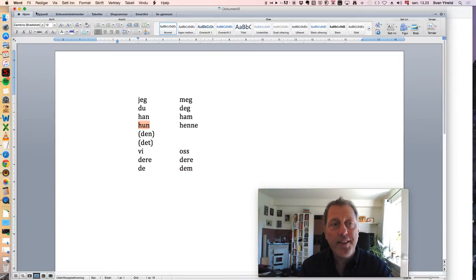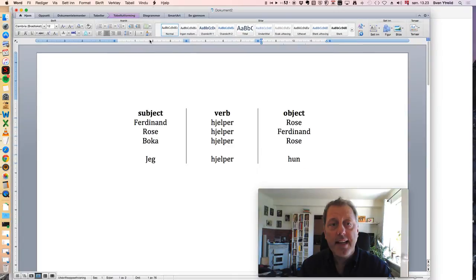And the problem with this is that the subject form cannot stand in the object's place because the sentence already has a subject. We have jeg. So we have to use the object form here. And the object is henne.